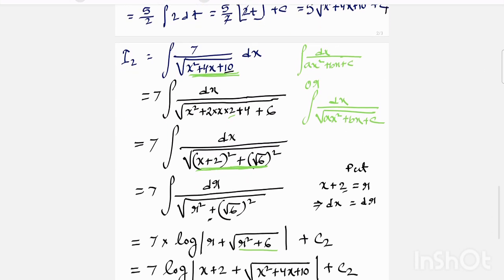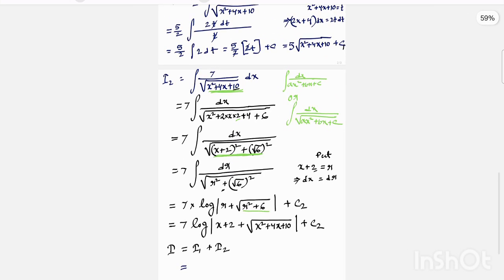I1 value is 5 into root over x square plus 4x plus 10, plus c1, plus I2. For c1 and c2, we will add them, so we can write c1 plus c2 equal to c, another arbitrary constant. It doesn't matter because we don't know what the constant is, that's why it is arbitrary. So we can take c here.